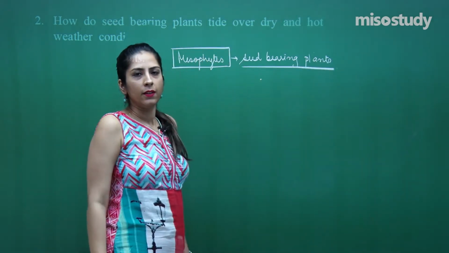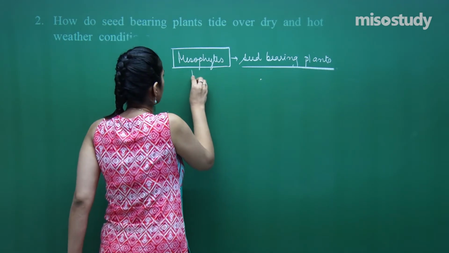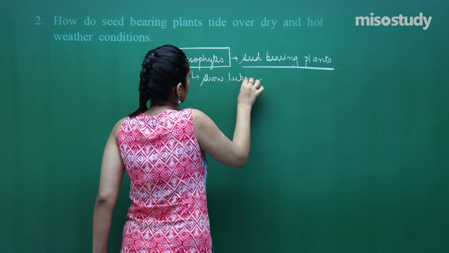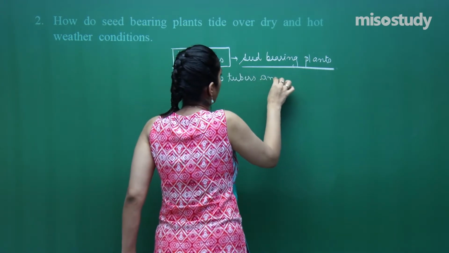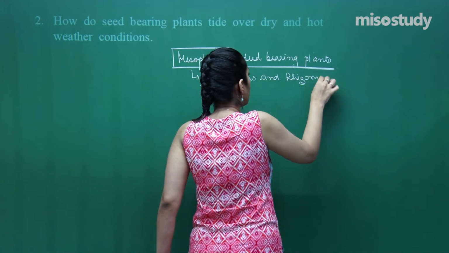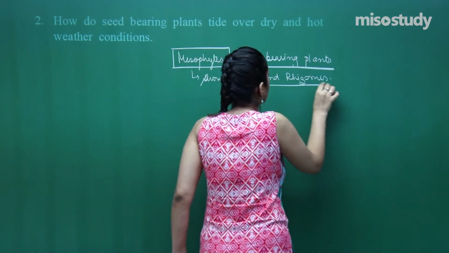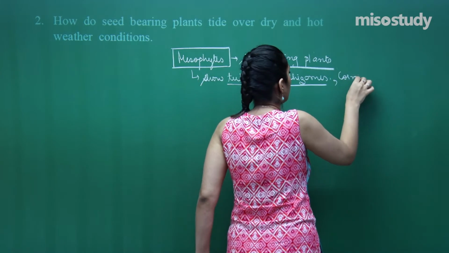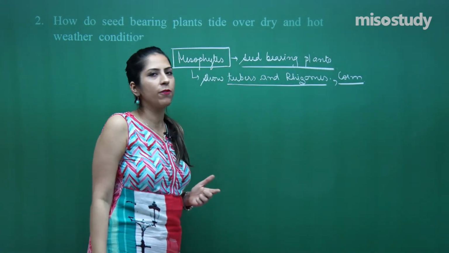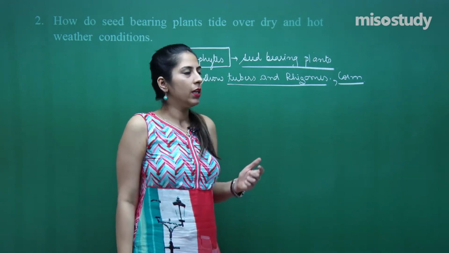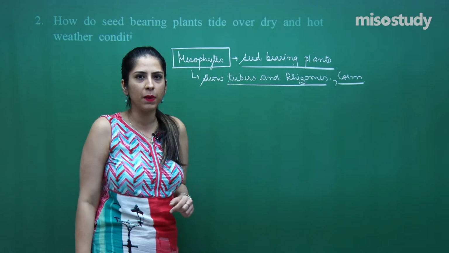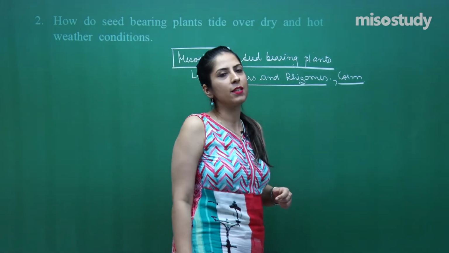They show tubers, rhizomes, and corms. When unfavorable conditions are there, they remain underneath the soil, suspended in the soil.